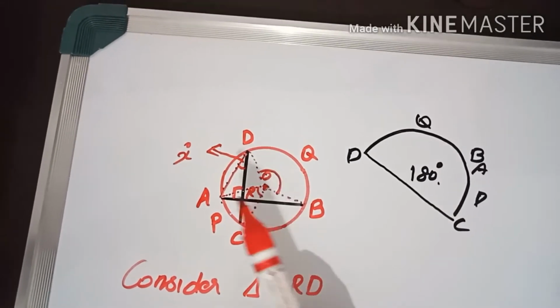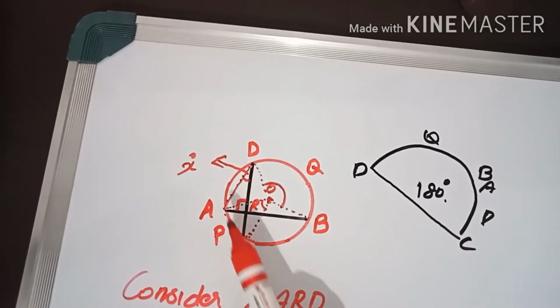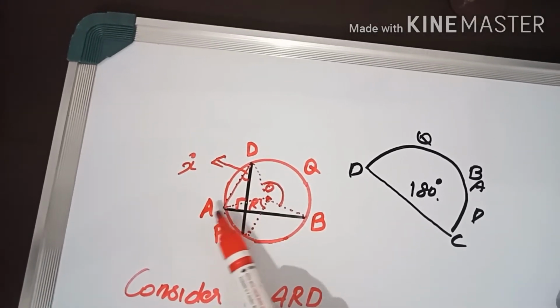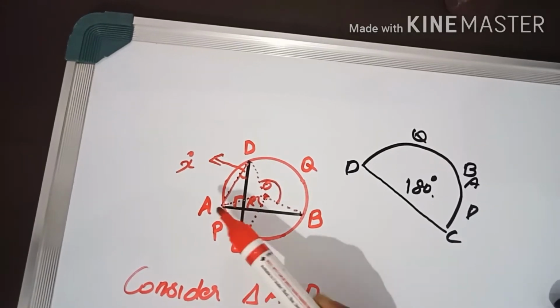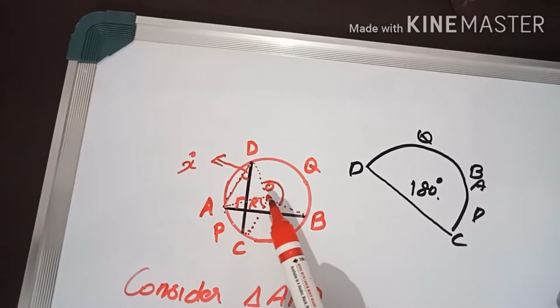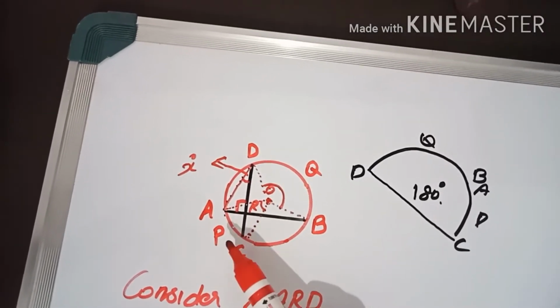Now consider the central angle starting from A and ending at the point C. What is the central angle? AOC. If angle ADC is x degree, angle AOC will be what? The half and double relation we learned, that we can apply here.